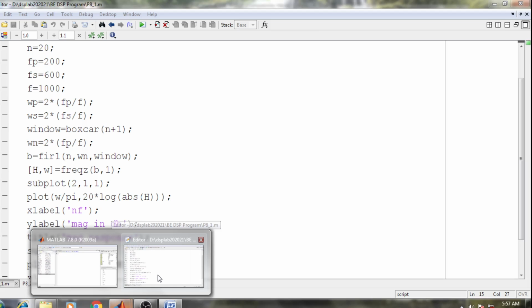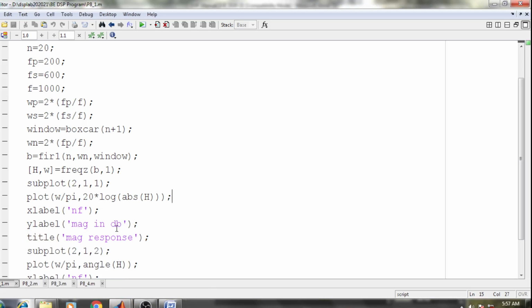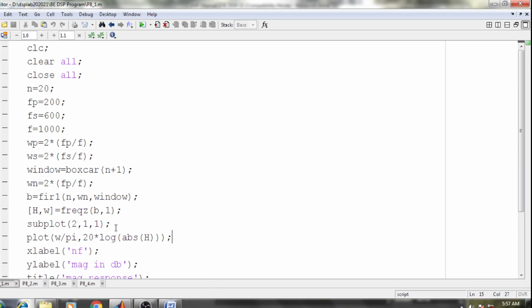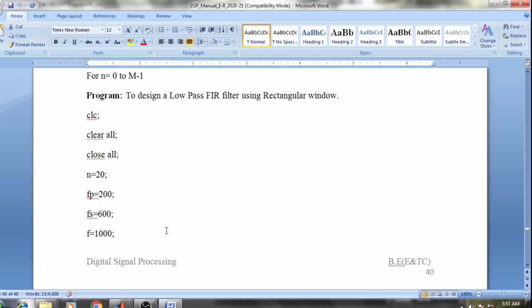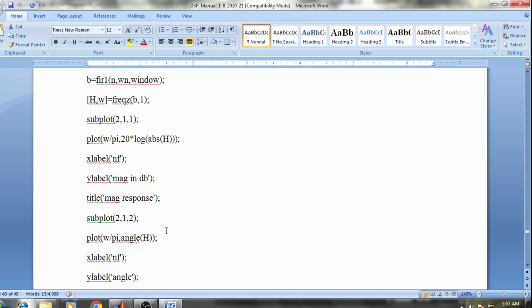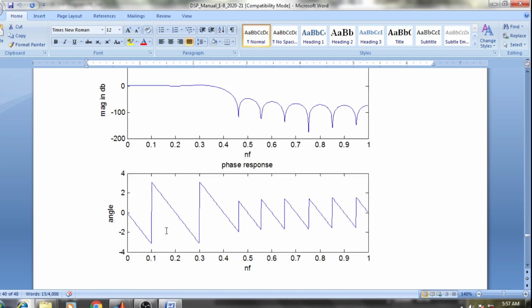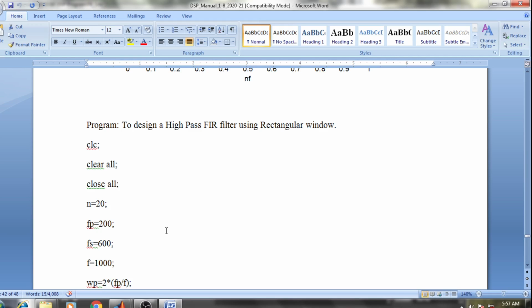Now this experiment is divided into 4 sections. The first section is based on low pass filter design using the rectangular window. The second section is based on high pass filter design.